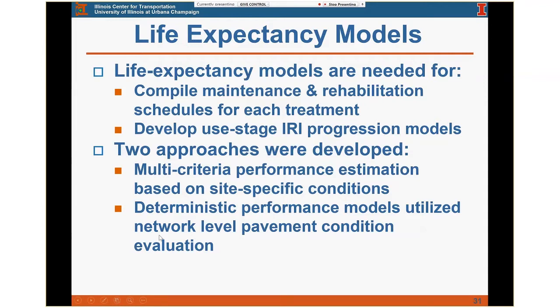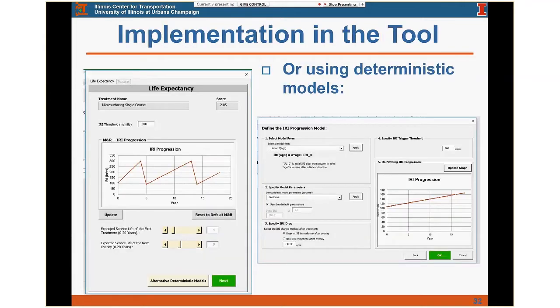Given historical pavement performance condition data, we built some models for some of the treatments, especially if the data is available. We incorporated that also in our tools when historical pavement condition data is available. The way it's implemented in the Federal Highway tool is we have the life expectancy graphical user interface, and you can see here, let's say we're dealing with microsurfacing single scores, and the score for this particular case is 2.